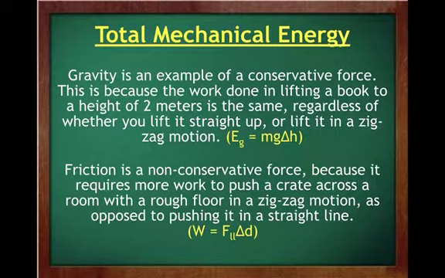If you're lifting a book, it doesn't matter if you lift it in a zigzag pattern or straight up. Air resistance is so minimal that you still get the same amount of energy. Versus friction, a non-conservative force, where it creates more work to push something across a room in a zigzag motion than in a straight line. That's the difference between them.